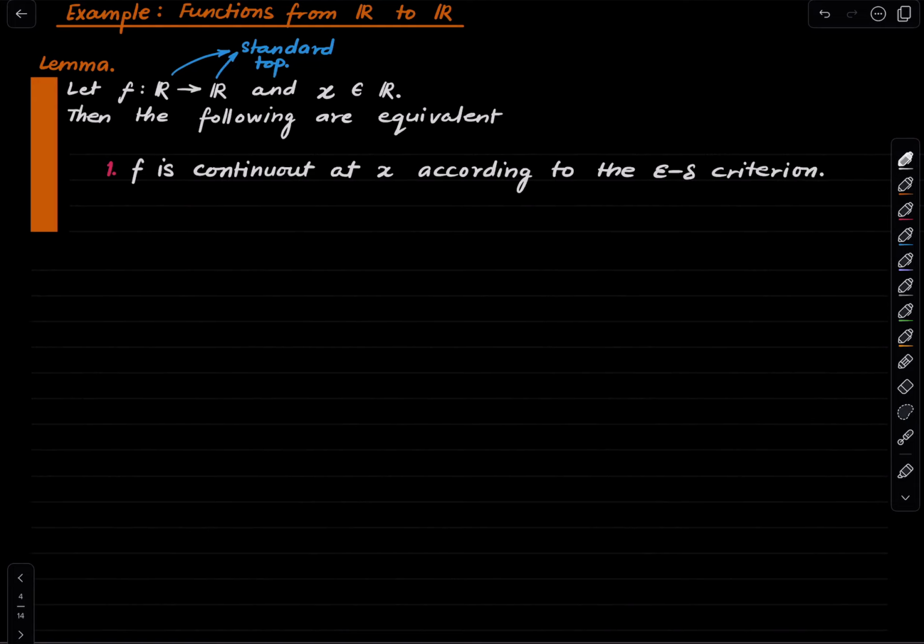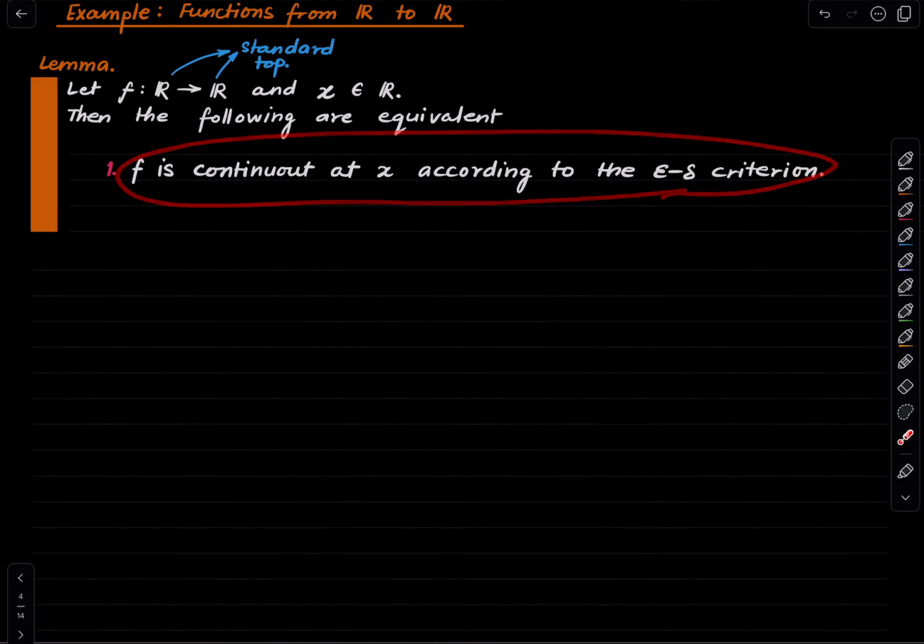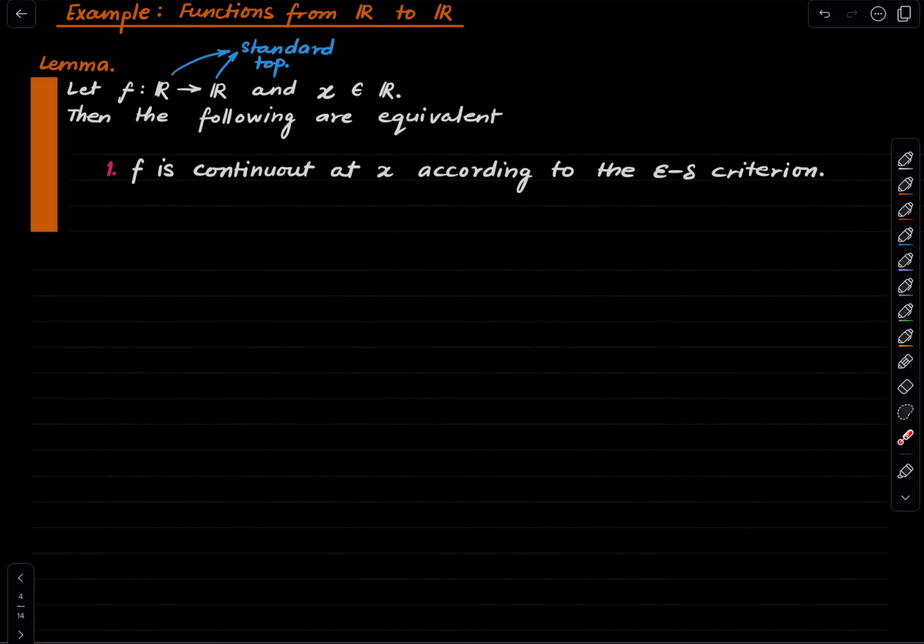This has no mention of any topology or anything. The epsilon delta criterion one can just write down. But the second one is: f is continuous at x according to the previous definition, f is continuous with respect to the standard topology.